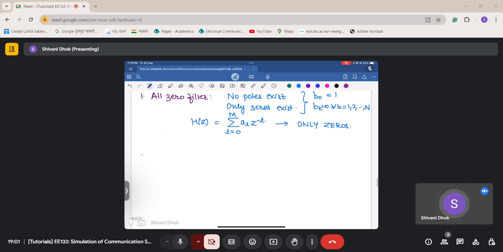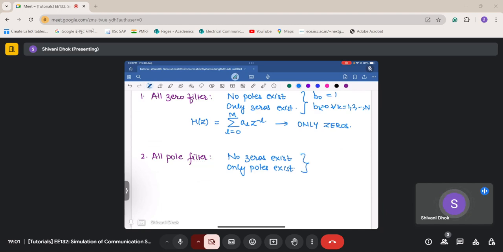Next thing that we need to look at is the all pole filter. Here it means that no zeros exist, only poles exist.